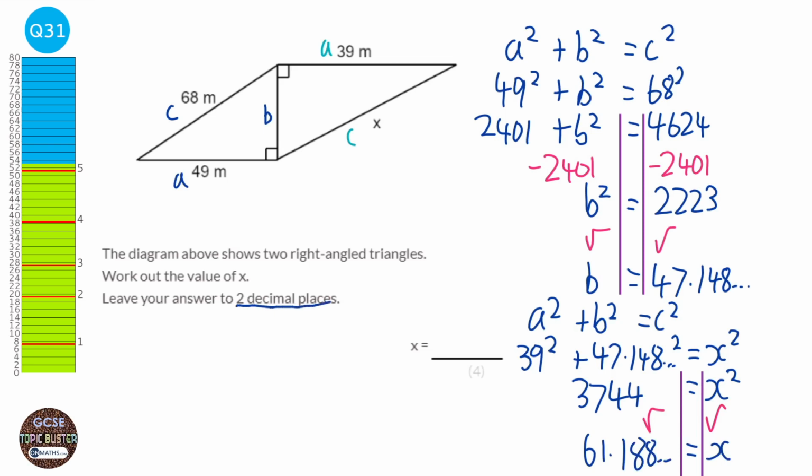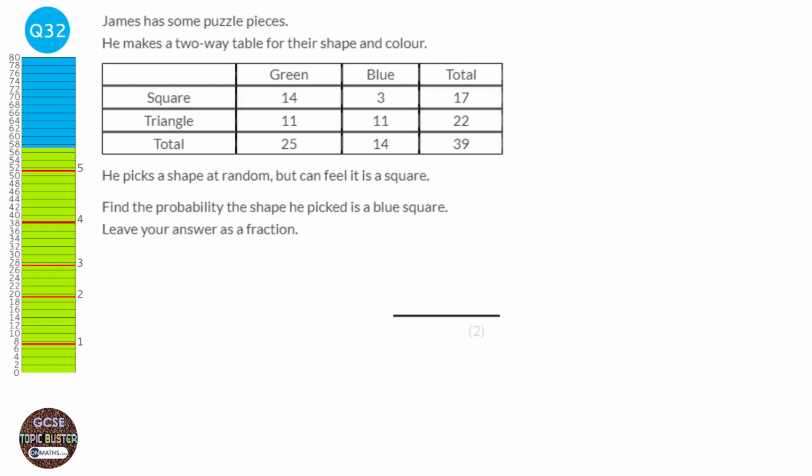It says it wants it to two decimal places, so that will be 61.19. So we know that James knows that he has a square, so we can actually get rid of all of this bit. It's not relevant at all to the question.